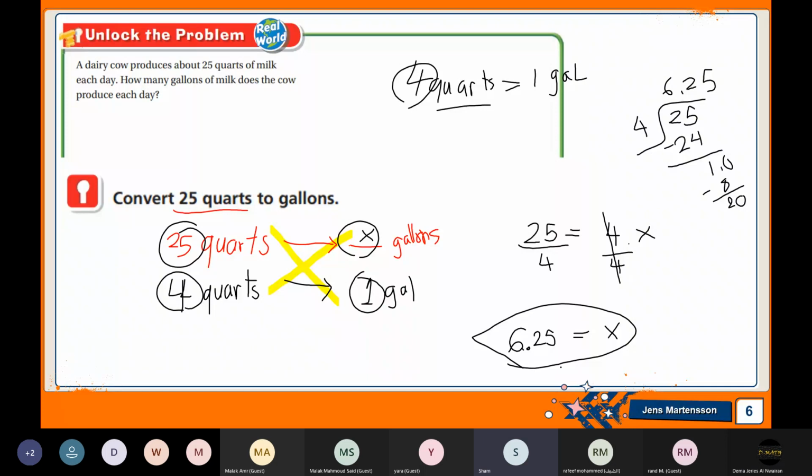Teacher, how do we know when we multiply and when we divide? According to the question, you must write these steps here to see whether you have to multiply or divide. This question here, as you see, you divide, but in the second one, you will see that you have to multiply.